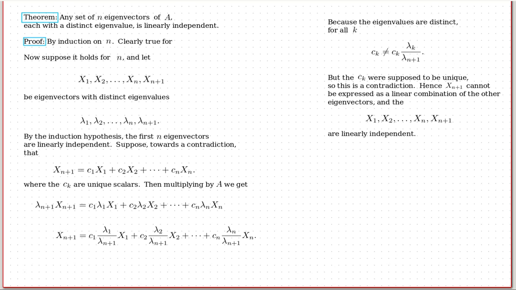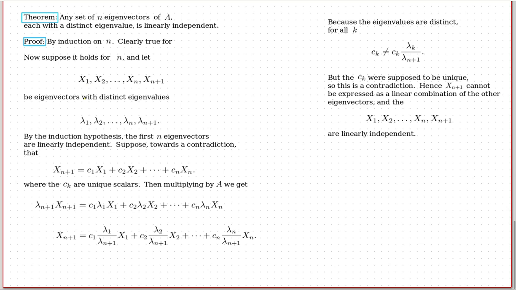It's not a difficult proof. We do it by induction in n. Clearly, when n equals 1, one eigenvector always forms a linearly independent set. Right? You can't get any non-trivial linear combinations of a single vector that's equal to 0. So then we move to the induction step.